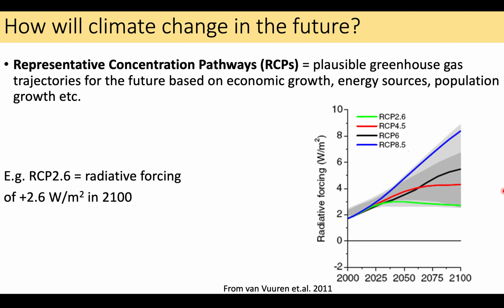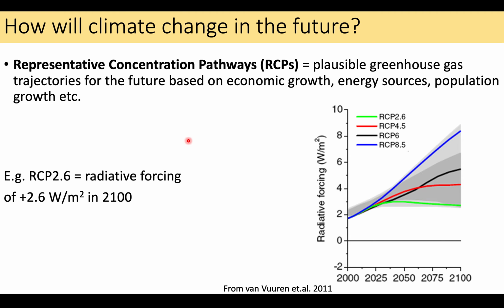We use these four main RCPs to think about future change. What the different numbers mean, there's RCP 2.6, 4.5, 6, and 8.5. The numbers mean the radiative forcing increase by the year 2100.